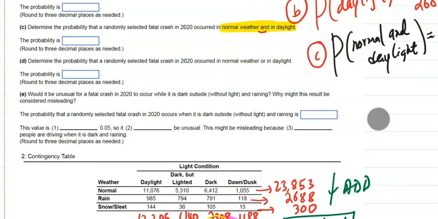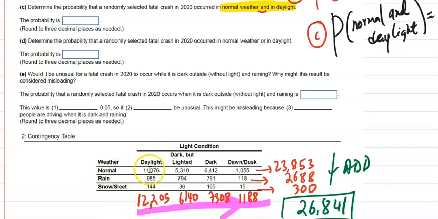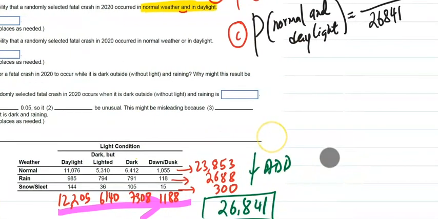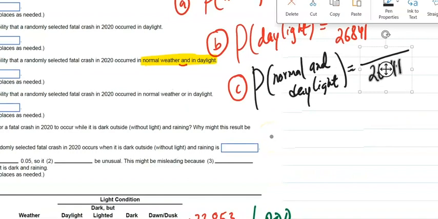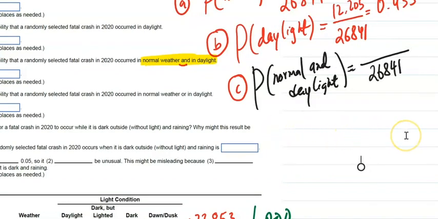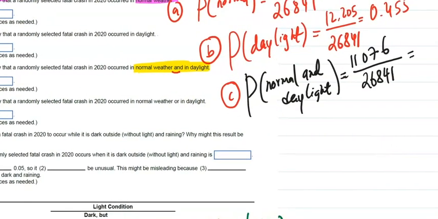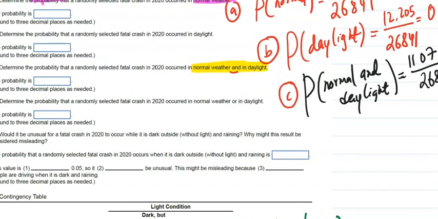Normal weather and daylight condition is this. 11,076 accidents are in daylight and also normal weather. So I'm going to put 11,076. If we divide and round to 3 decimals, it's going to be 0.413. Okay, part C.